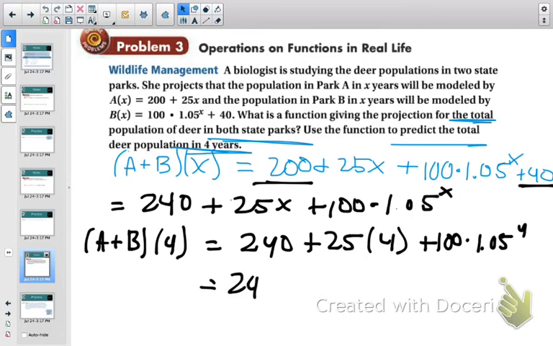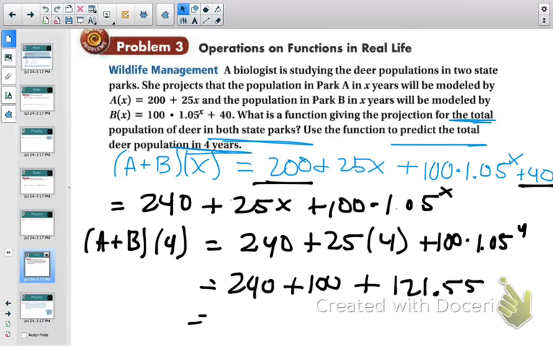So that's going to be 240 plus 100 plus 100 times 1.05 to the 4th. I don't know what that is. Handy dandy calculator out. 1.05 to the 4th times 100. 121.55.